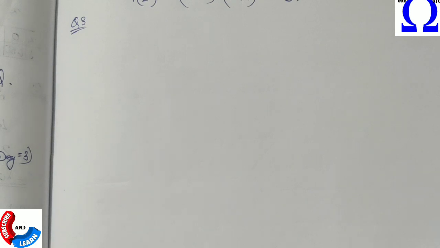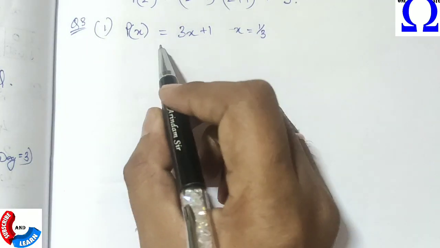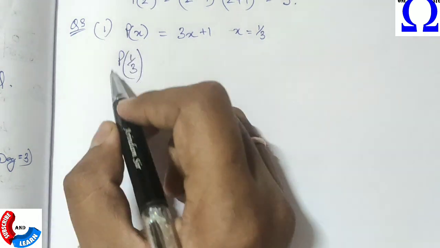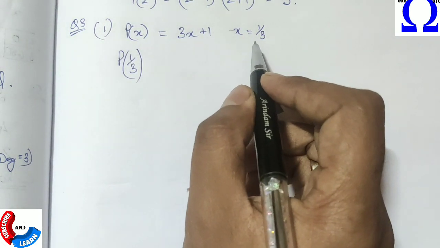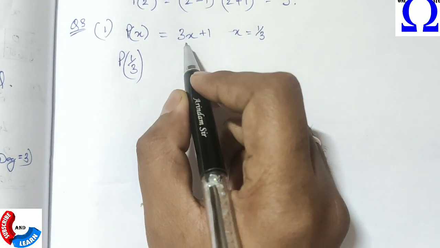Now let us go to question number 3, in which a polynomial is given and the value of x is also given. We need to find whether that value of x is the 0 of this polynomial or not. So we will find p of the given value, and if the answer is 0, then this value is the 0 of this polynomial.